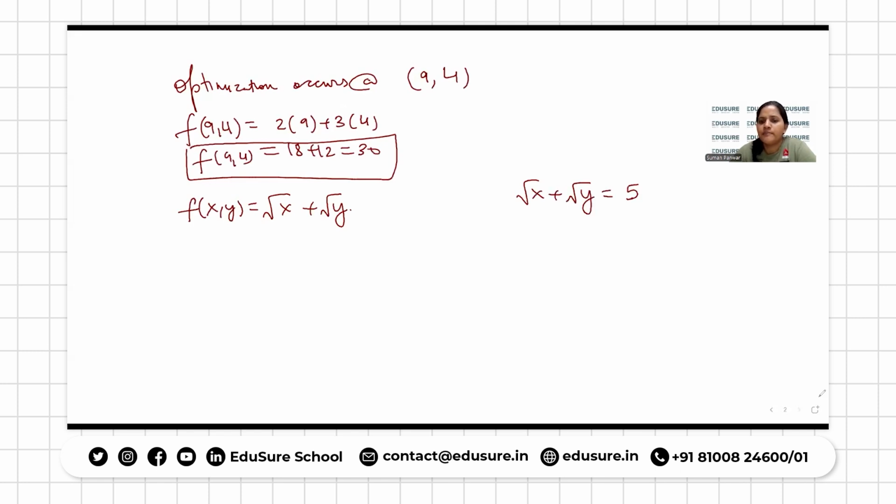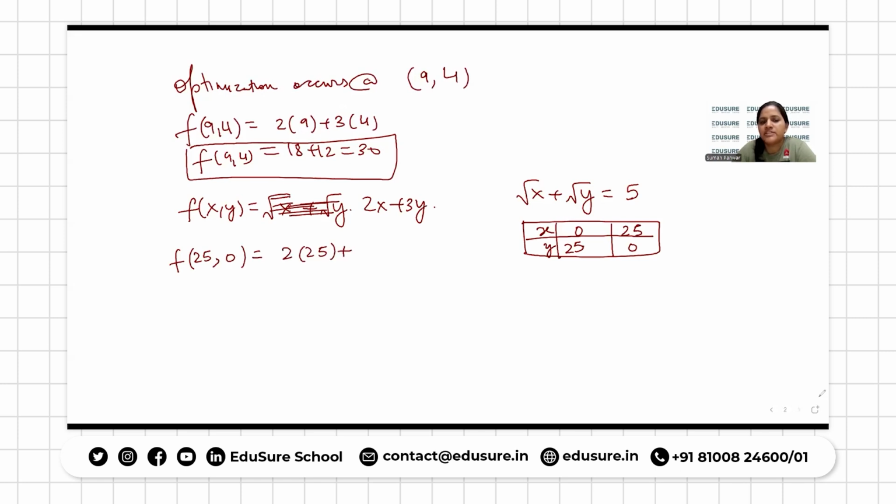If we plot two values of this equation, if x is equal to 0, y is equal to 25, and if x is equal to 25, y equals 0. So f of x,y is 2x plus 3y. f of (25, 0) is 2 times 25 plus 3 times 0, which is 50.